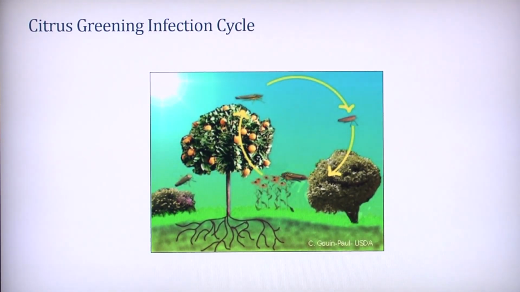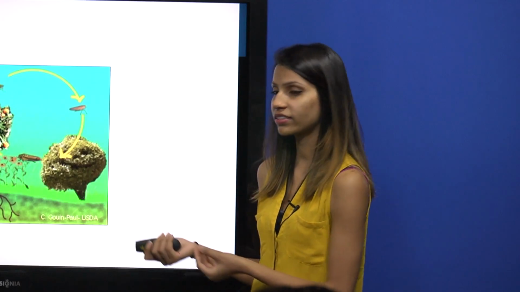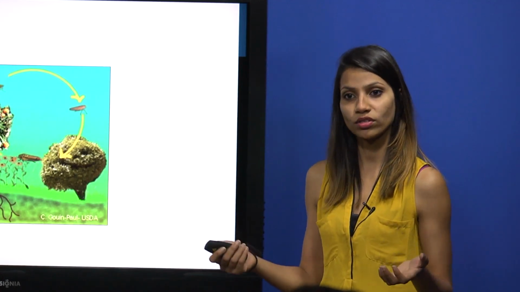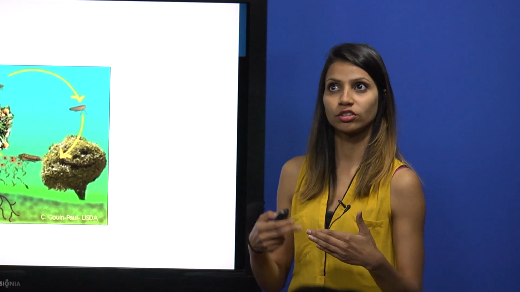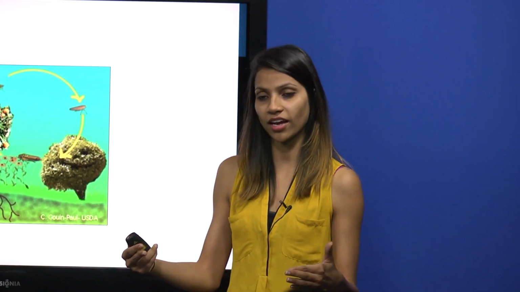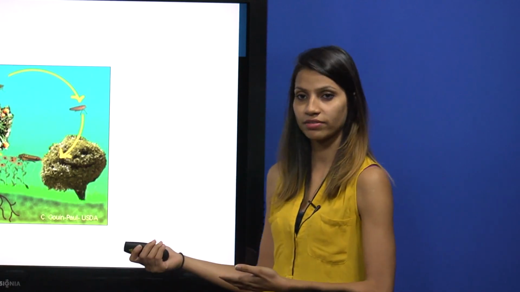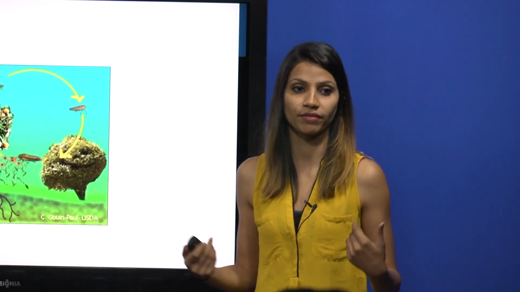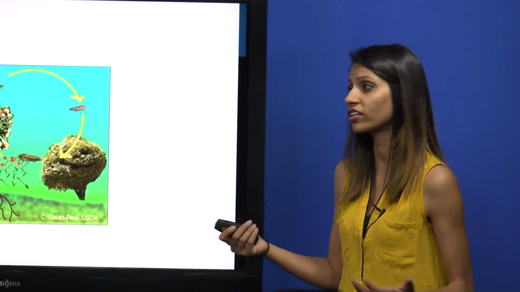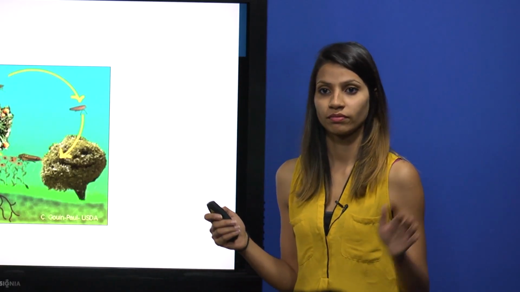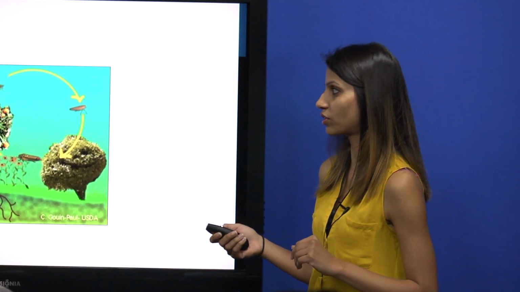So a very important question is, based on this life cycle, what proteins are helping the bacterium to survive in such different kinds of environments, and also not be recognized by the hosts' immunity? Plants have some immunity, the insect has its own immunity, but this bacterium manages to completely hide from the immunity.